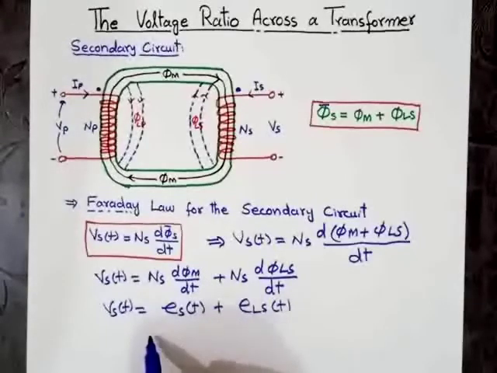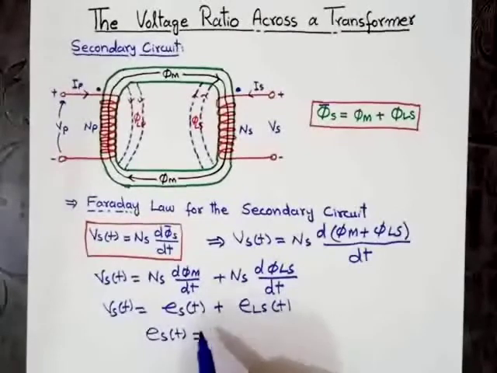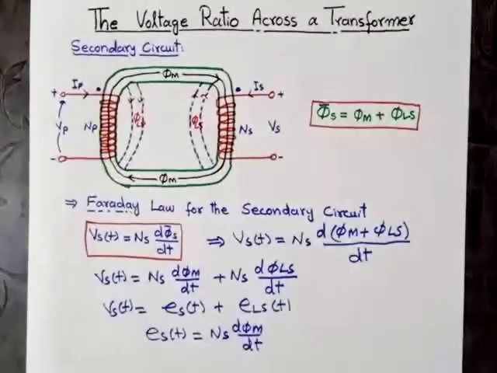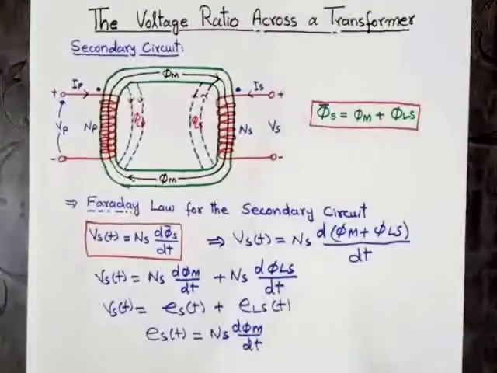Therefore, Est will be equal to Ns dφm/dt. Now Ns is multiplied with dφm/dt.